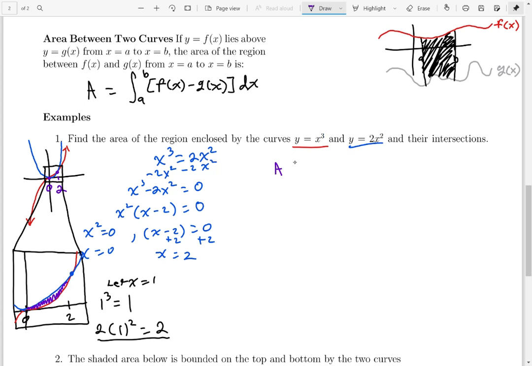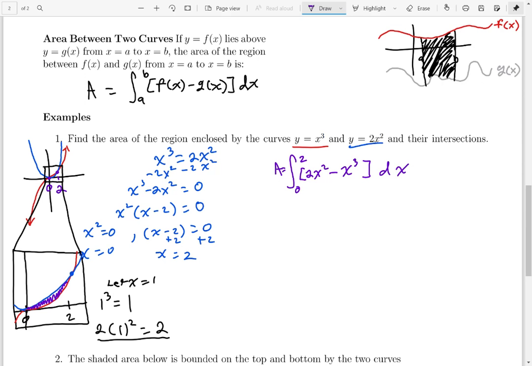Well, the area between those two curves is going to be the integral from 0 to 2 of the one that's higher up, which we now see as y is equal to 2x squared. So that's going to be 2x squared minus the function below, which is x cubed dx.